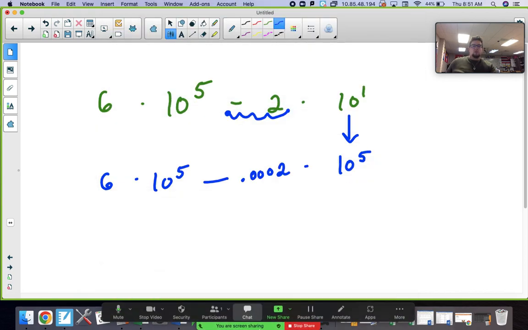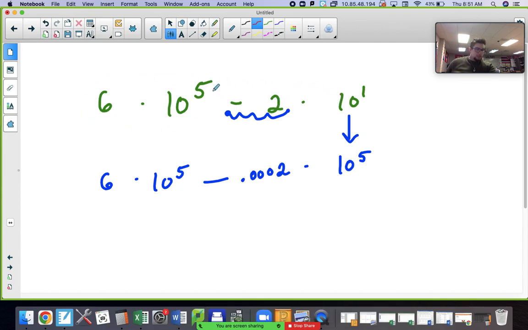Why it's so important to make the powers of 10 equal is, again, place value. 6 times 10 to the 5th is the number 600,000, while 2 times 10 to the 1st is 20. So if I were to subtract 600,000 minus 20, it would look like this.